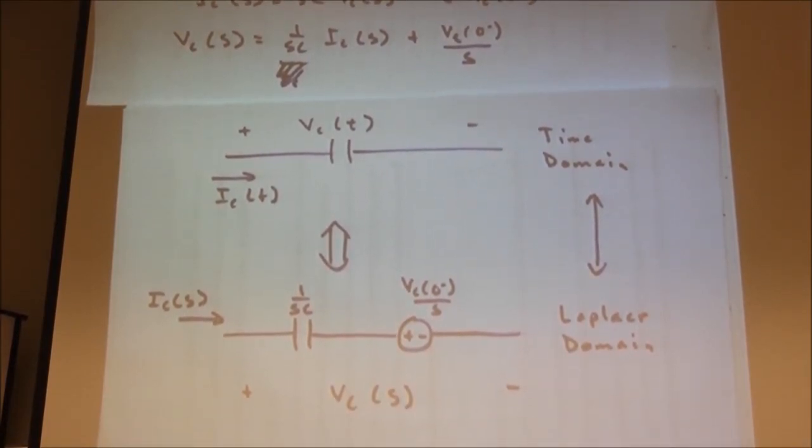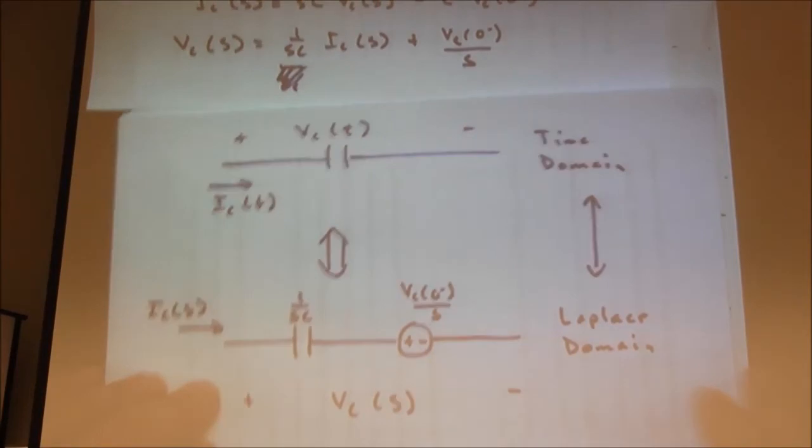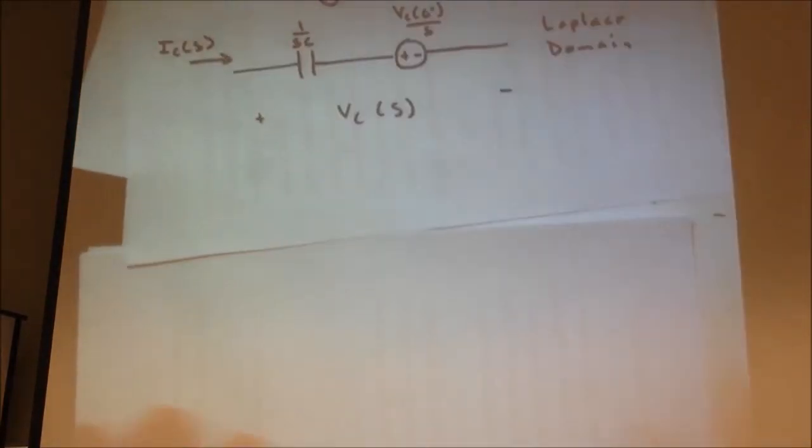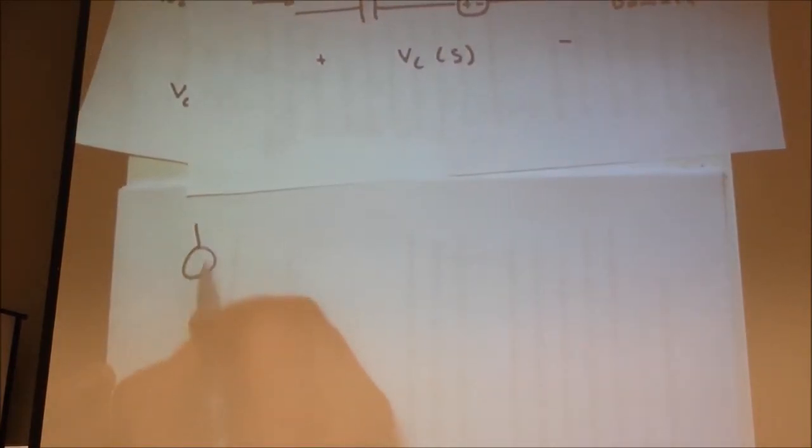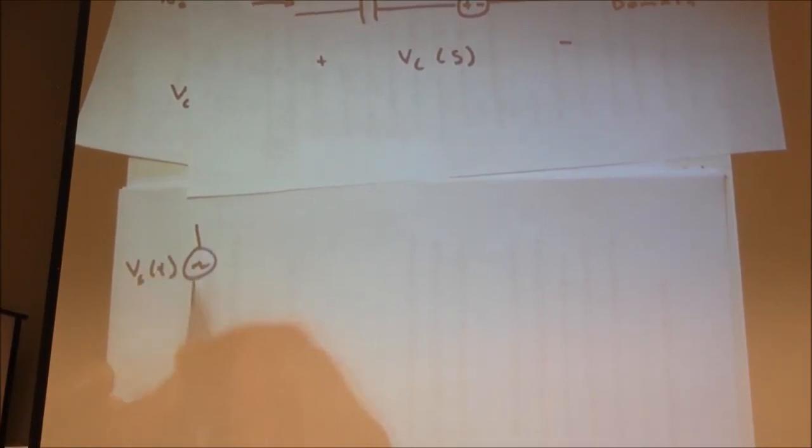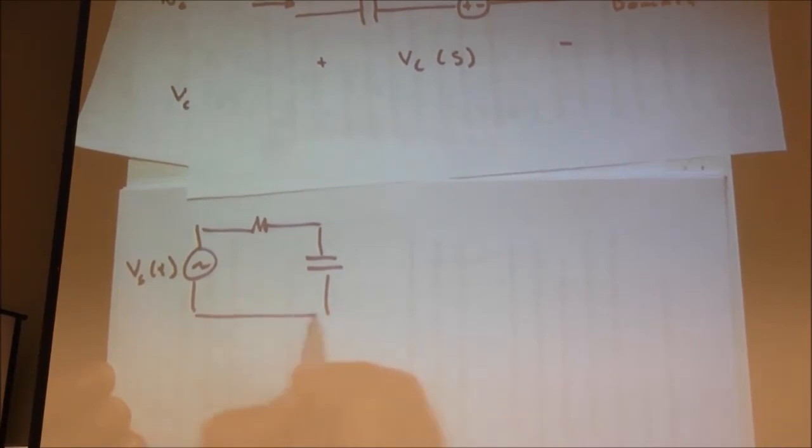And so what does that mean for our RC circuit? Well, if we go back to our RC circuit, again, we have the source of T, some R, and some C. There's our time domain circuit.